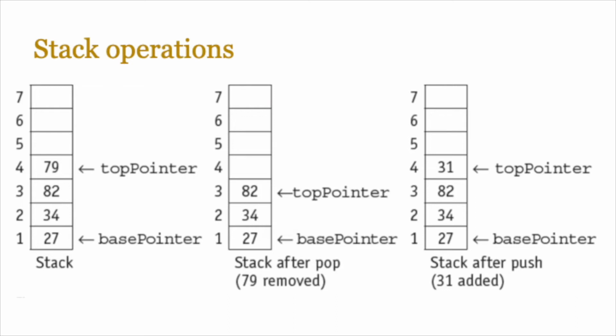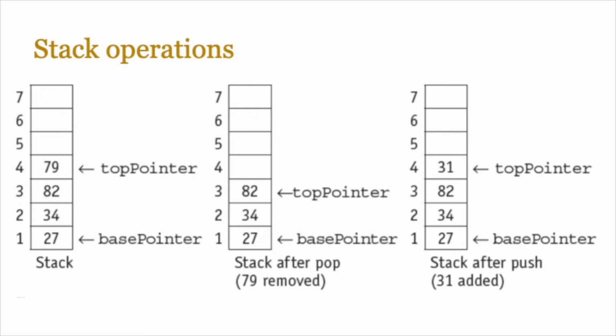So we're just simply subtracting 1 from the value of the top pointer. So 4 minus 1 gives you 3. And that's the process that you will use for pop. When you want to add a value, so let's just say we wanted to add a new value, 31, after we removed 79, we will have to use the operation called push.